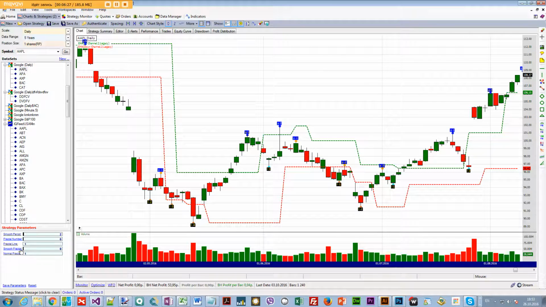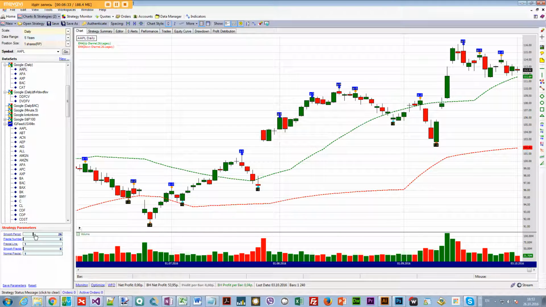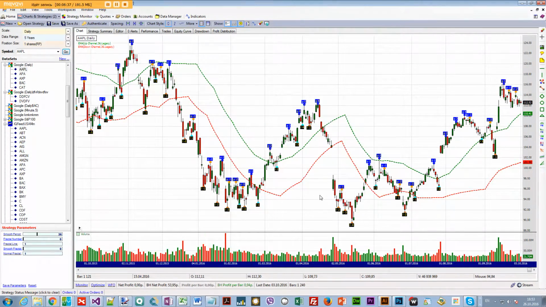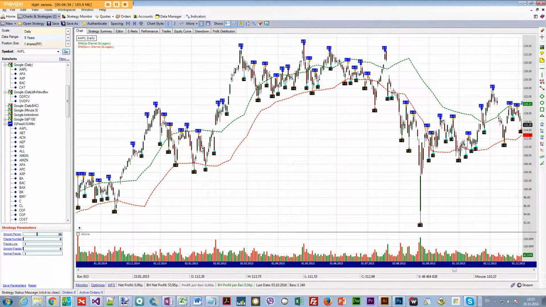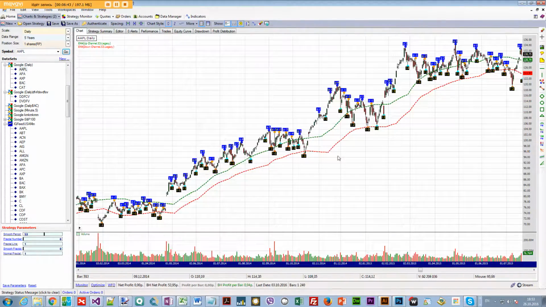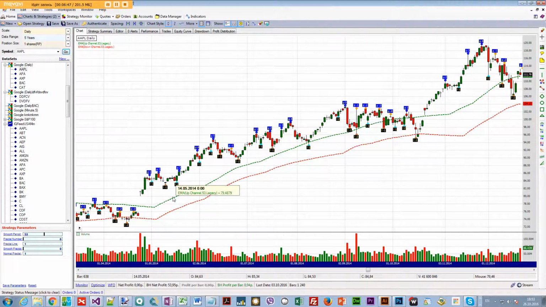If I turn on the smooth fractal, it's 0 right now, and I start smoothing it, you can see that it smooths it, and you can actually see some trade logic right here as well. Maybe not with Apple, but for sure with some symbols. You can trade when it goes out of the fractal line.